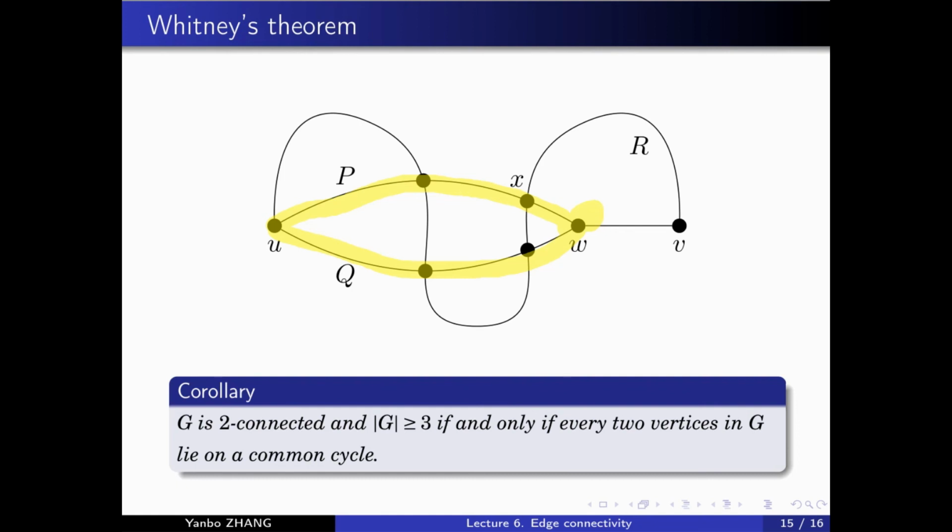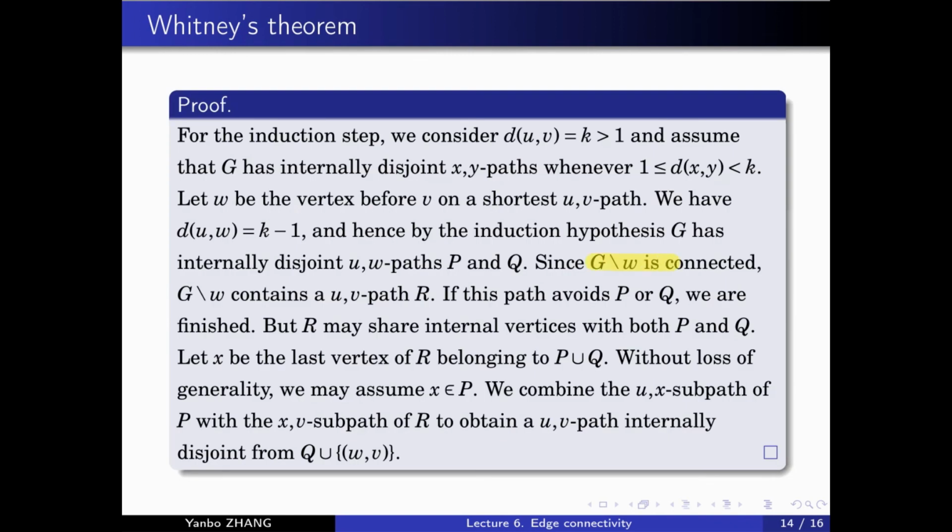So G minus w contains a u-v path R. Now we have three paths, two paths P and Q from u to w, and another path R from u to v. If this path R avoids P and Q, we are finished.